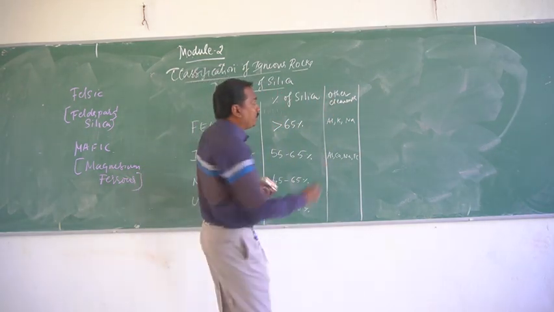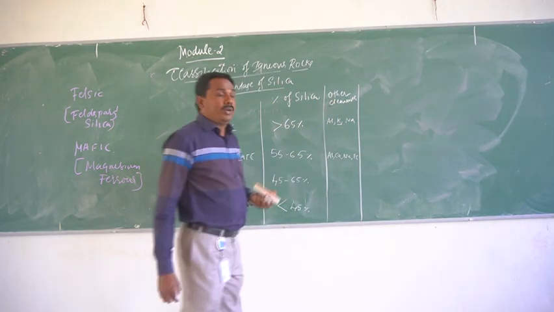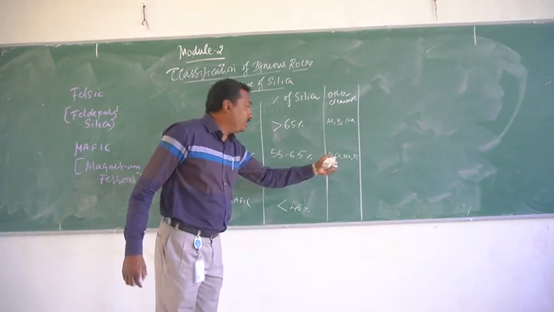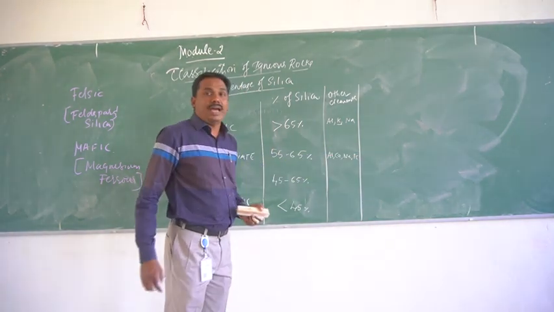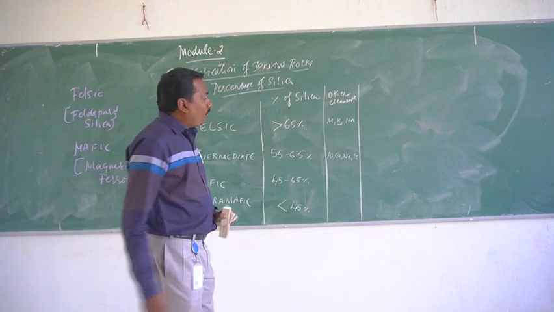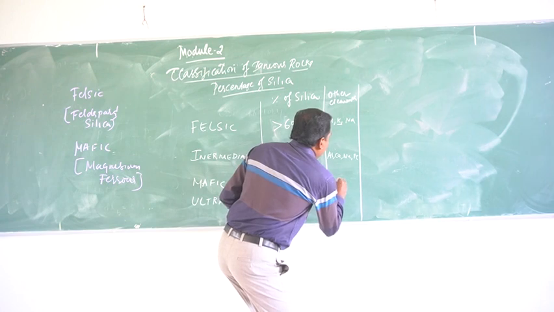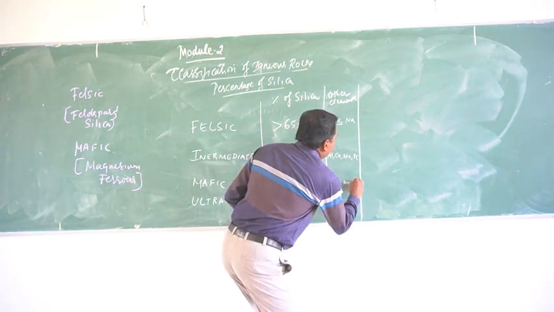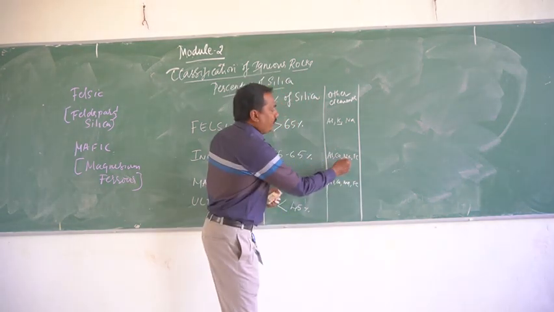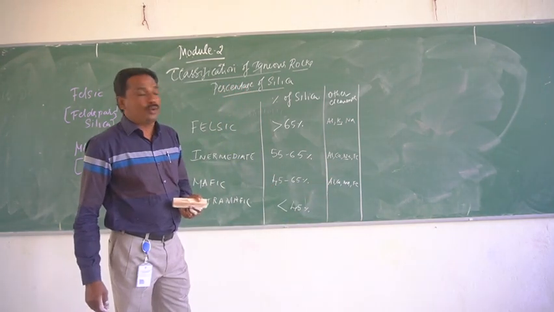We can see the absence of potassium here, and the addition of calcium and iron. Next, in the mafic: aluminium, calcium, magnesium and iron. Again, the absence of sodium.